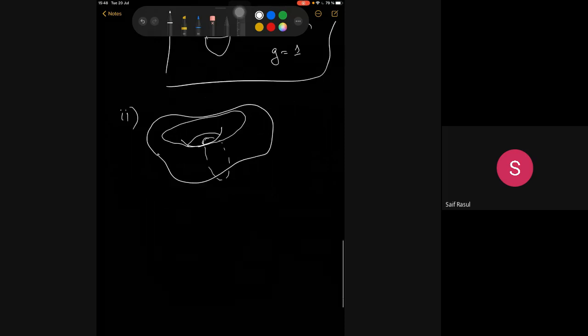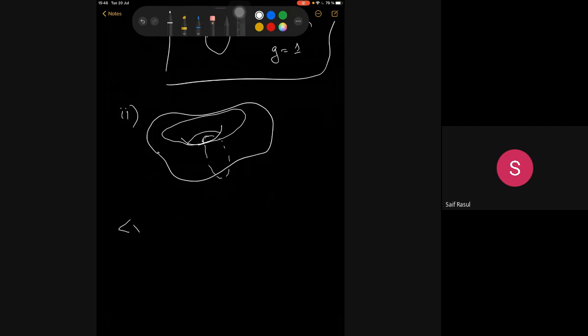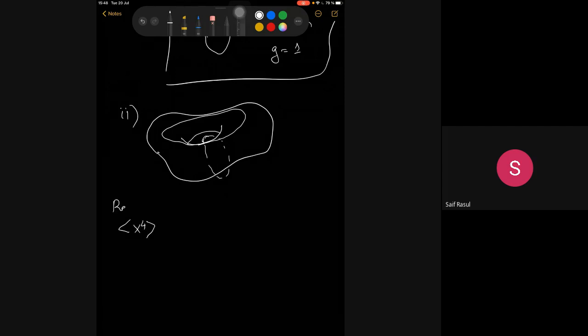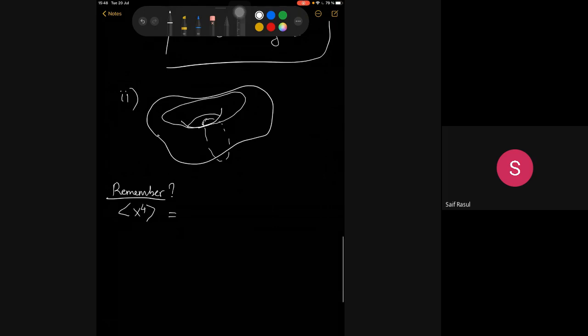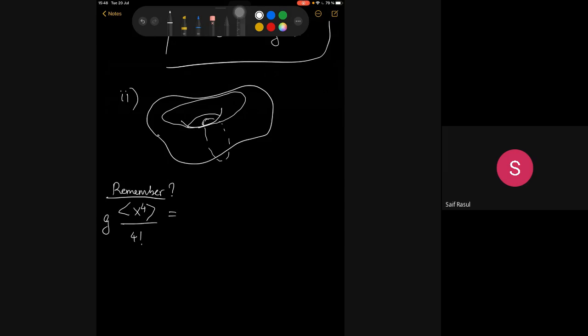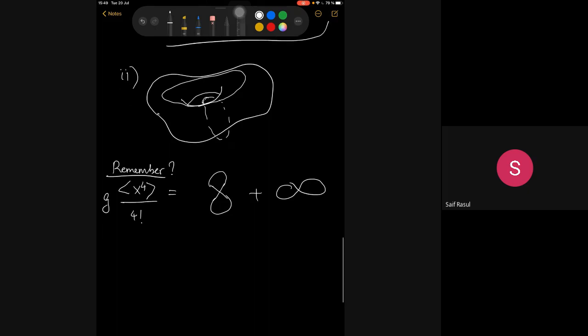For example, if you remember, when we were calculating expectation values, the expectation value of this corresponded to, for example, 4 factorial, 1 vertex thing. So this corresponded to 3 diagrams, which were 2 of the figure 8s, one like this and another like this, and another one was this ring.